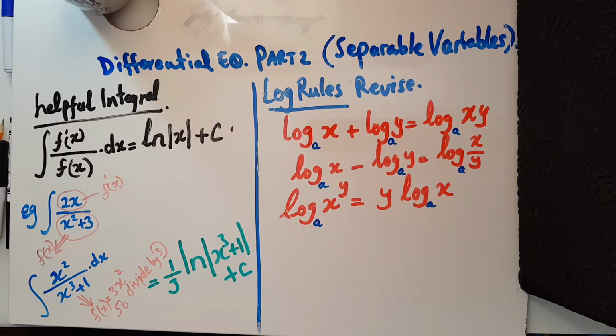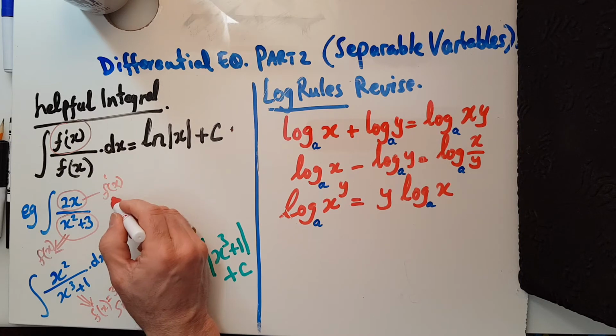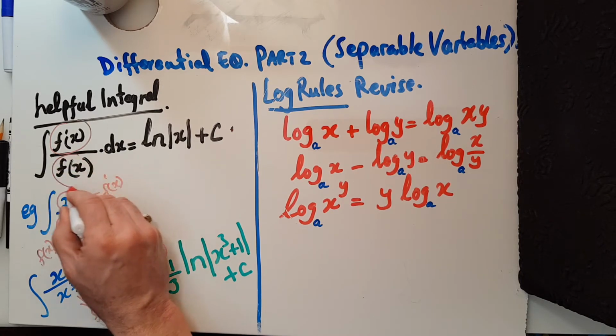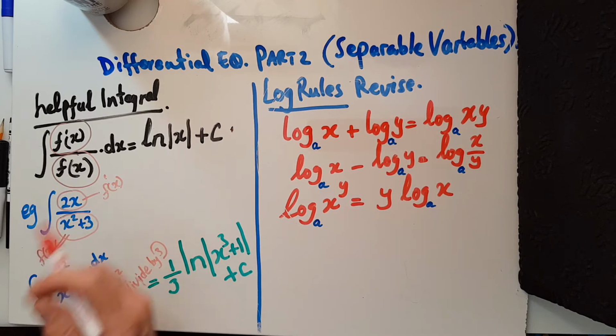And the other thing I would like to introduce to you is this integral where you see a fraction and the top of the fraction, the numerator, is equal to the derivative of the denominator. If that is the case, you can integrate it just by recognition.